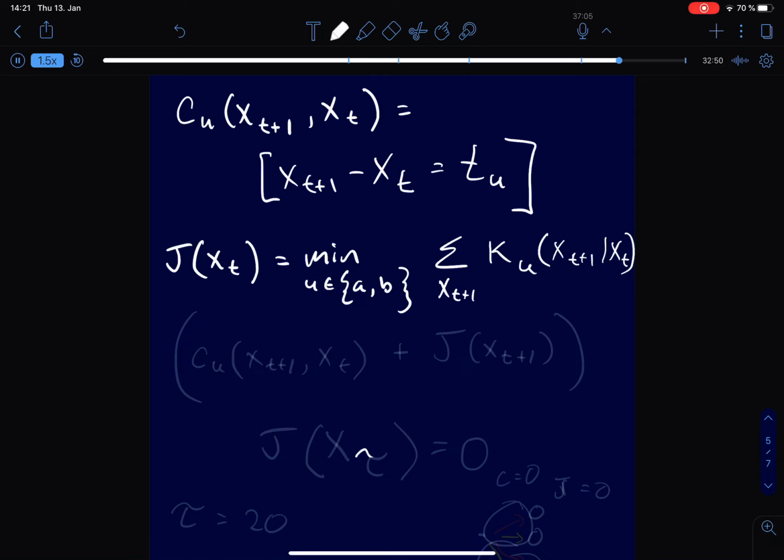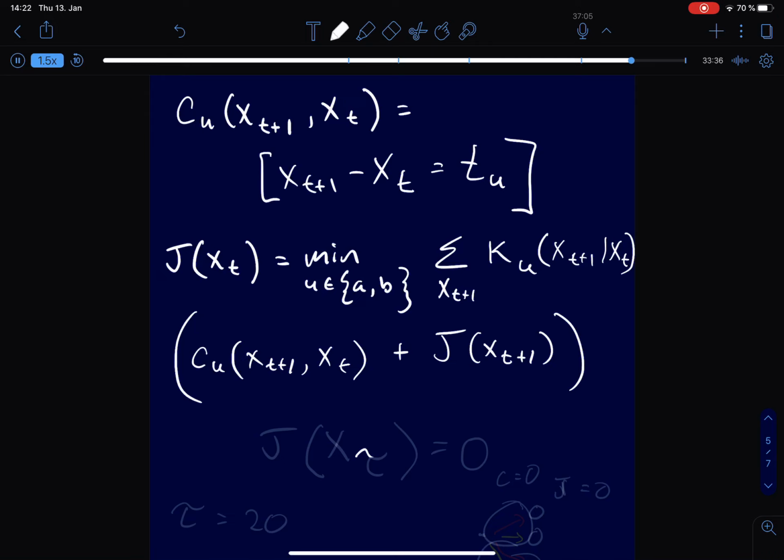Our cost to go given a particular action is the cost that we get transitioning to the next state plus the cost to go at that next state. And then we're basically done.